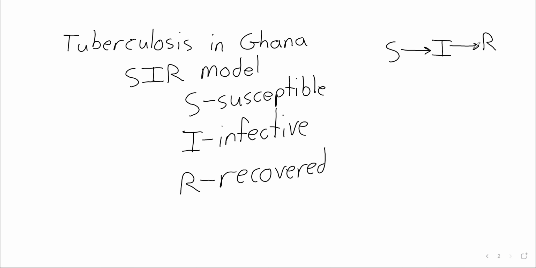Then from infected, you could either be removed or you could go back to being susceptible. And there are, again, I mean, this is not an exaggeration, probably literally thousands of little variations of this model that have been published at some point or another.